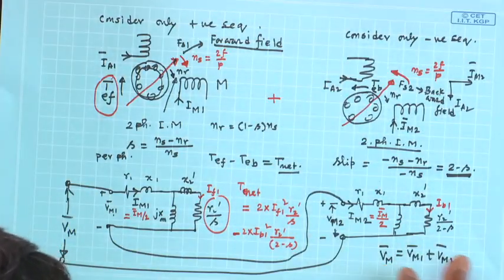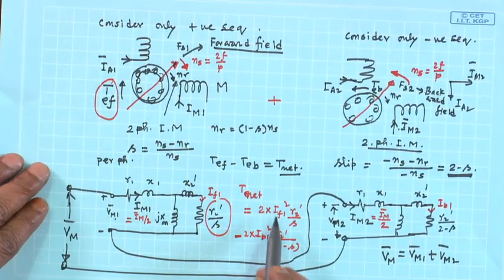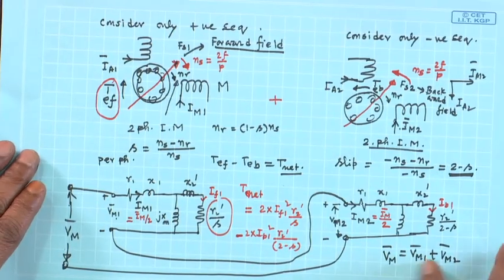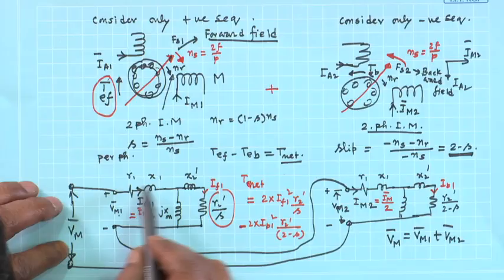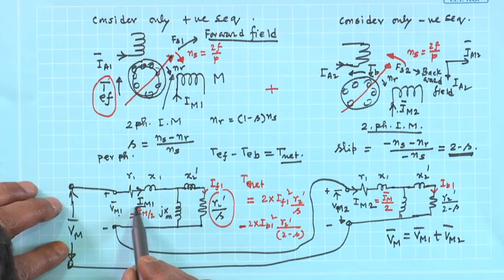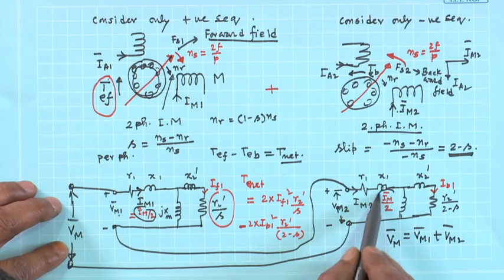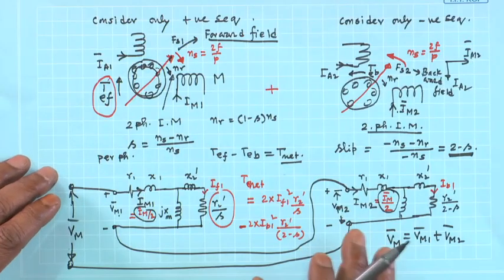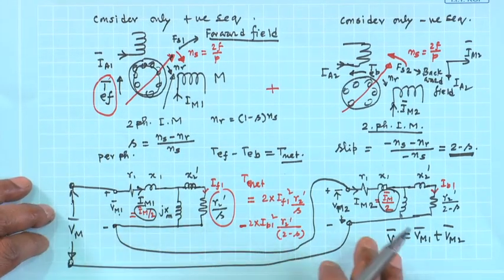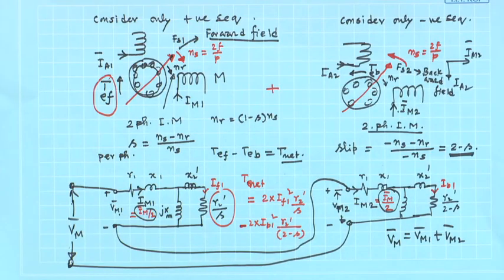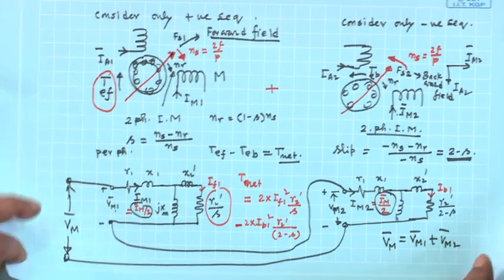In this equivalent circuit everything is fine provided you know what is what, but the only disturbing thing is you have applied Vm, and this equivalent circuit is taking a current of Im by 2. Is it possible to modify it slightly so that this current will become Im? Yes, it is possible.